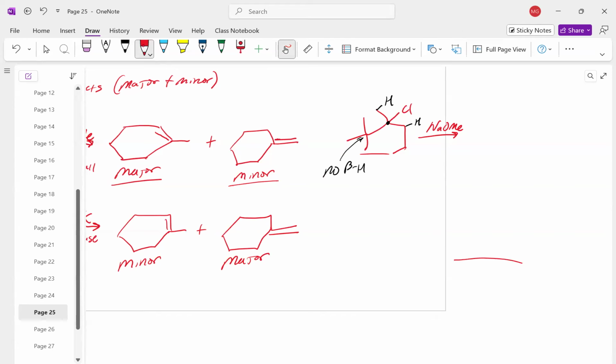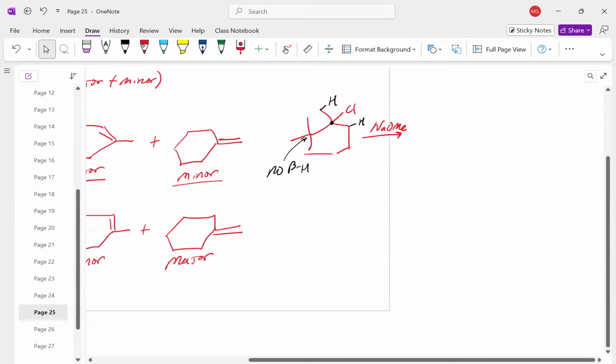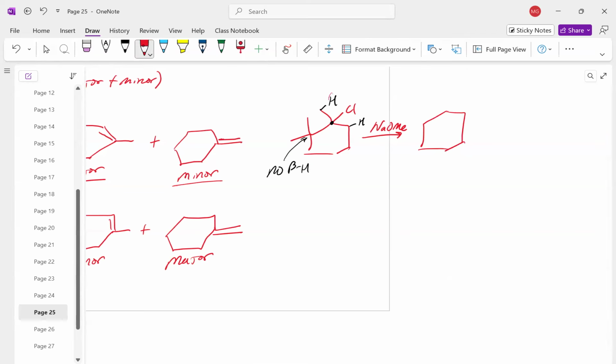So now let's draw the result of pulling off one or the other beta hydrogen. If I pull off this one here first, I get this double bond. If I pull off the other one, I get that double bond.